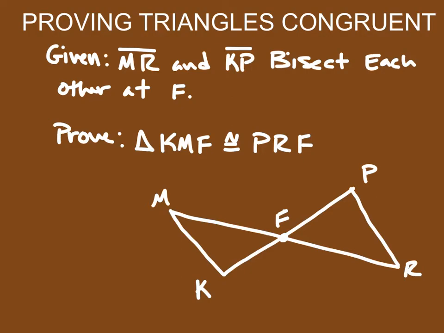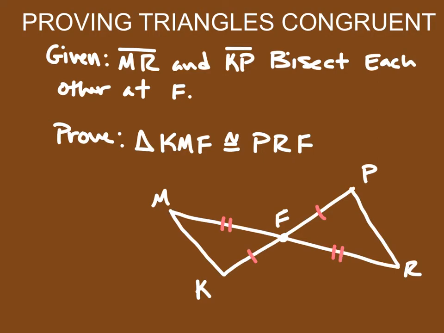Let's first logically go over this proof. I use this given statement to draw some conclusions. MR and KP bisect each other at point F, so I can say that KF is congruent to FP, and that MF is congruent to FR.